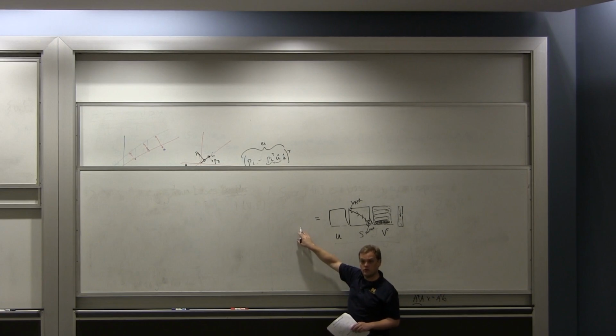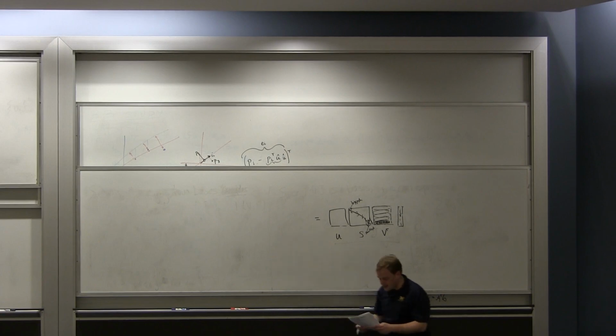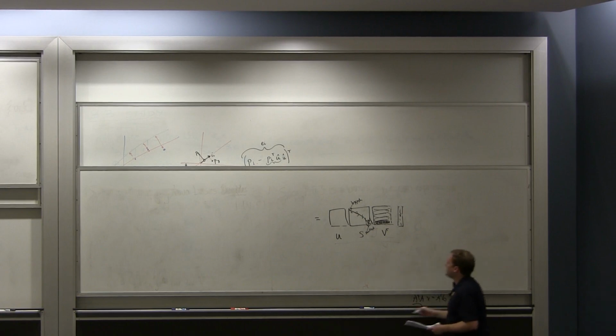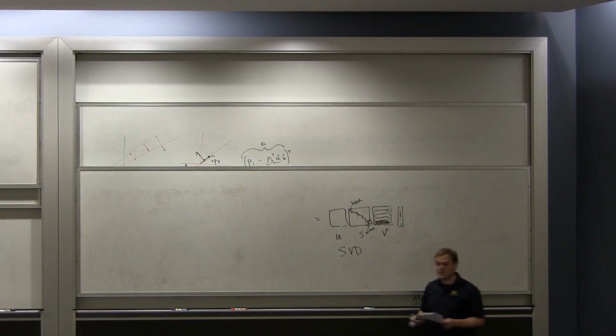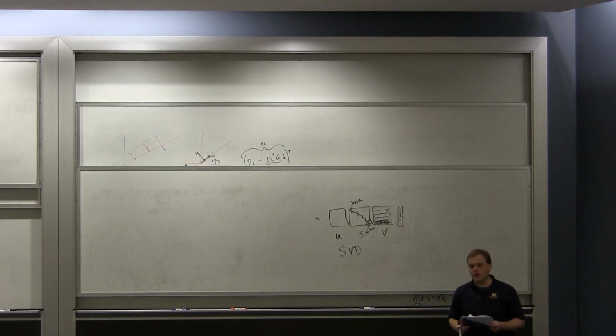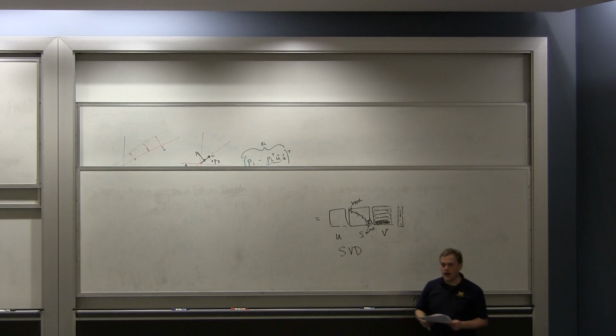Everybody on board? All right, so that is actually how we solve this problem. This is the singular value decomposition, which exists for any matrix. It doesn't matter whether A is square or tall or whatever. This exists for every matrix.